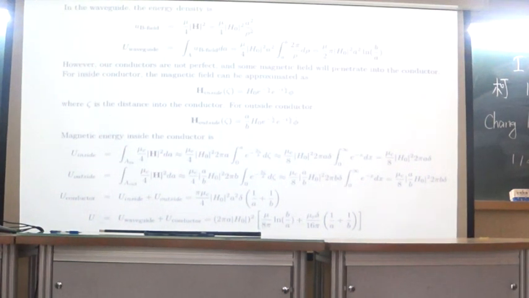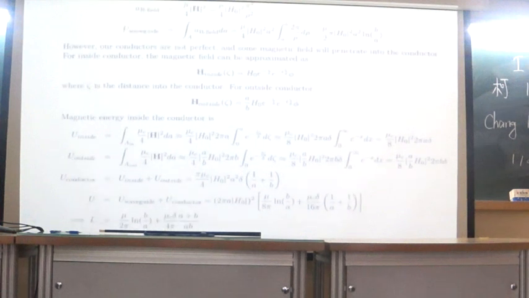Combining all the magnetic field energy, in the waveguide and in the conductors, the total energy stored in the magnetic field is 2 pi a times H0 squared times the following constant.